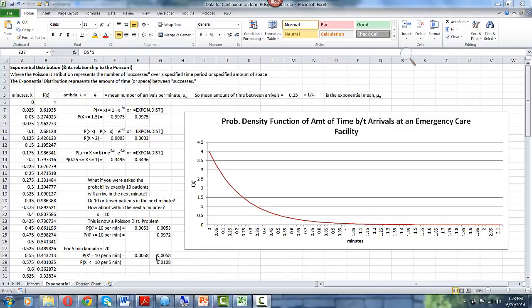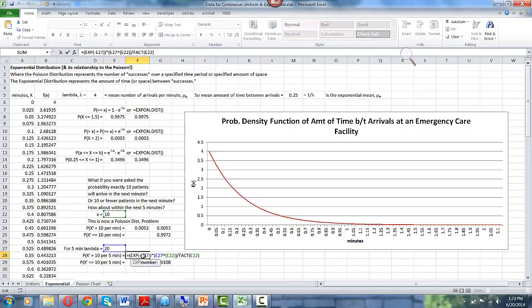Now, if you were asked what's the probability that 10 patients will arrive over the next 5 minutes, then make sure that you have the appropriate lambda. 4 is per minute, so you need to change your lambda to 20 for 5 minutes, and then you can find the probabilities based on that. So you're still using x of 10, but now your lambda is 20.